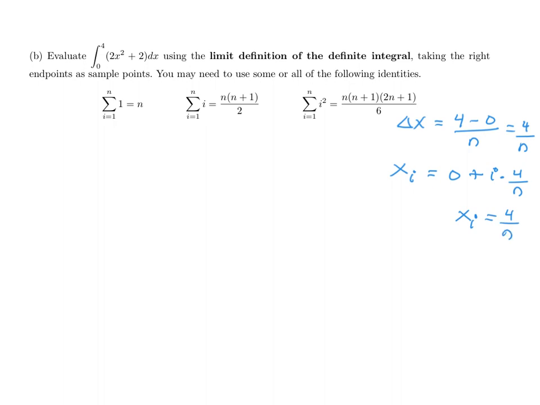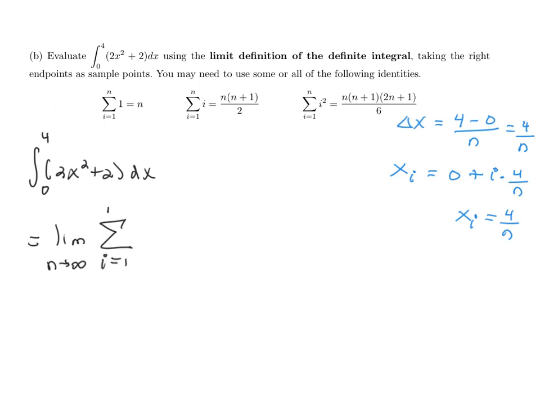Once you have established these two things, by definition, the definite integral from 0 to 4 of the function 2x squared plus 2 dx is equal to the limit as n goes to infinity of the sum of i going from 1 to n of f of x sub i times delta x. We will compute this sum, and then we'll figure out the limit of what is left over.